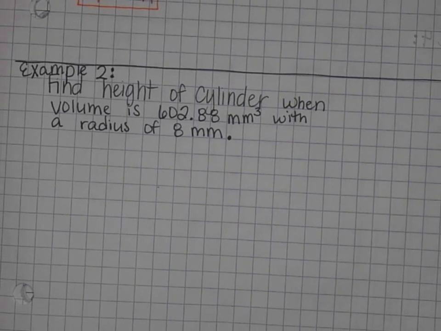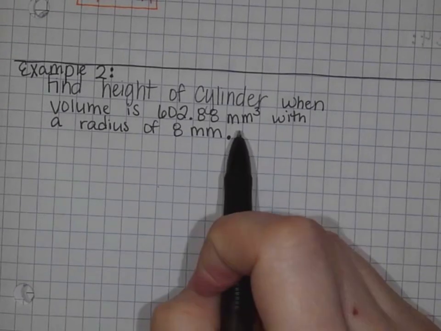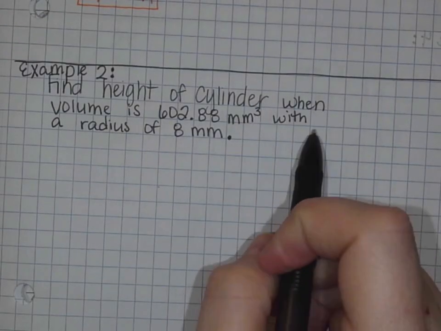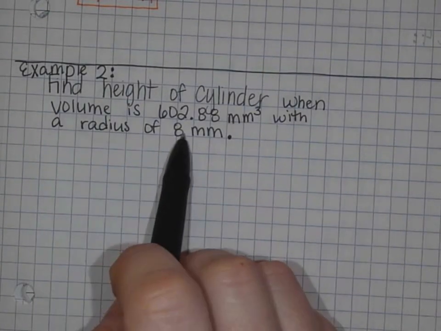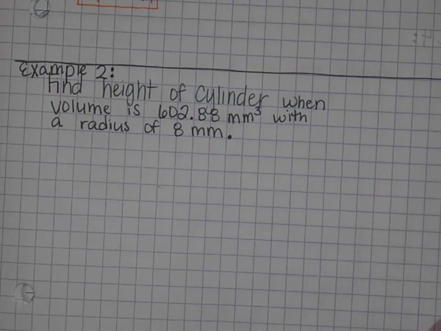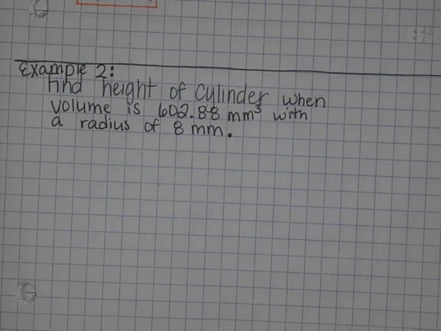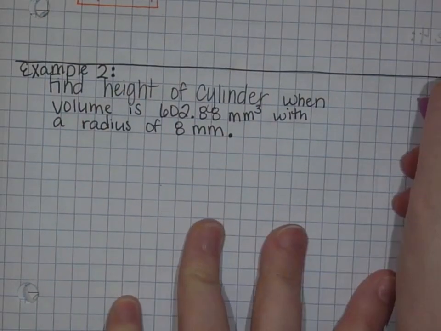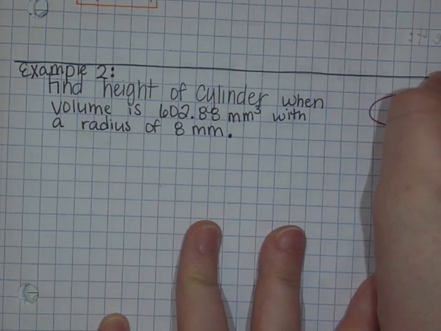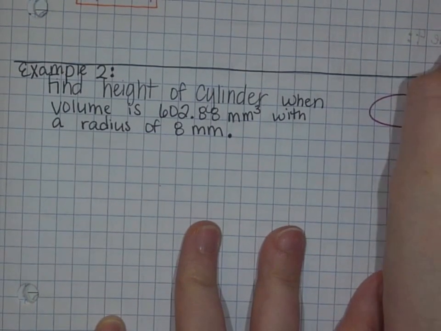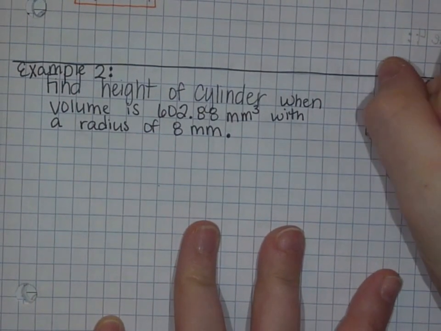So example 2, find the height of the cylinder when the volume is 602.88 mm, stands for millimeters cubed, with a radius of 8 millimeters. Now, again, first thing I want you to do is draw the picture. So we're going to draw the picture. It's a cylinder. So there is that.